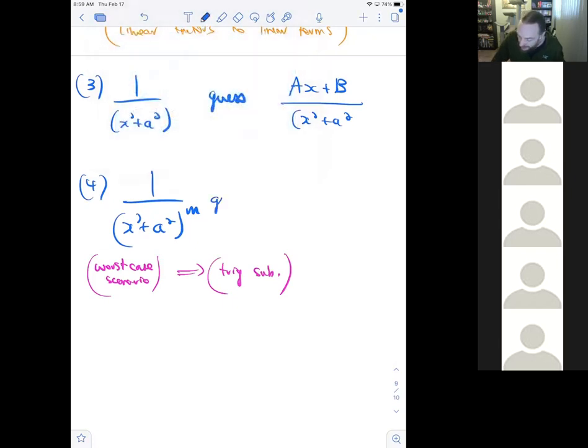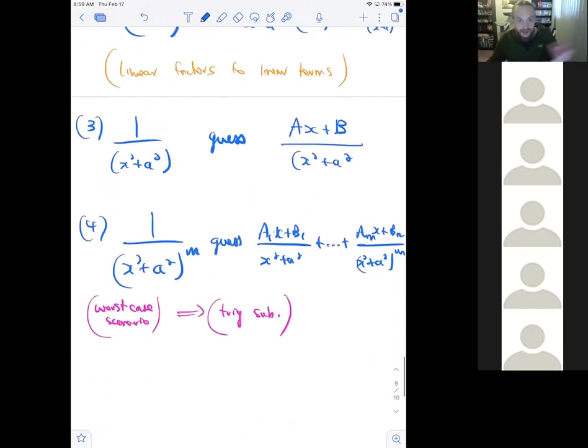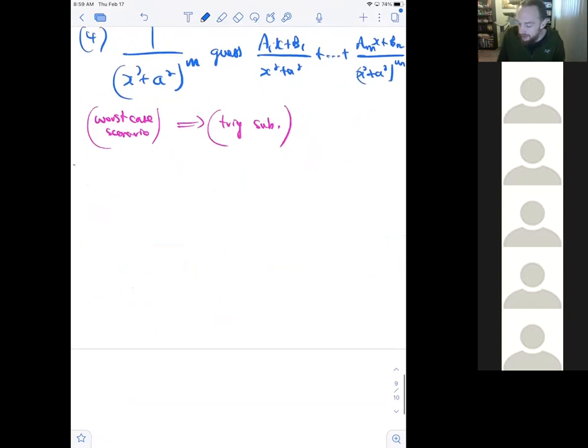And what are we going to guess though? We're going to guess a1x plus b1 over x squared plus a squared plus all the way up to amx plus bm over x squared plus a squared to the power m. The same thing as the linear ones, but now we just have the irreducible all the way up to the largest power that appears. So those are our guesses for partial fraction decomposition.